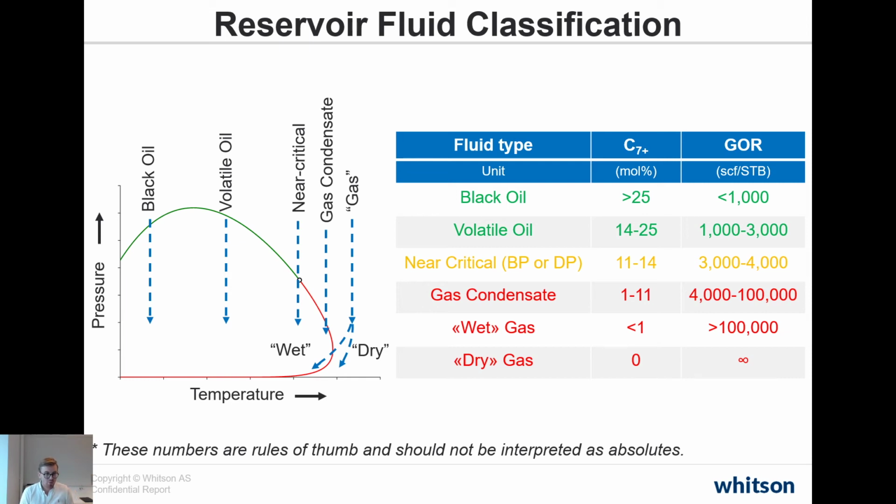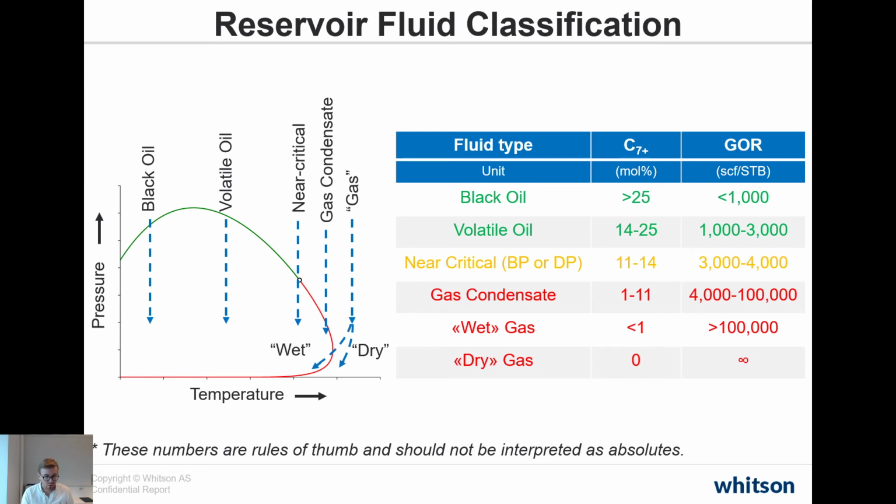What's important for me to emphasize here, and we see that from this overview, is that C7 plus is a good number that represents the components that translate into stock tank sellable fluids at surface.